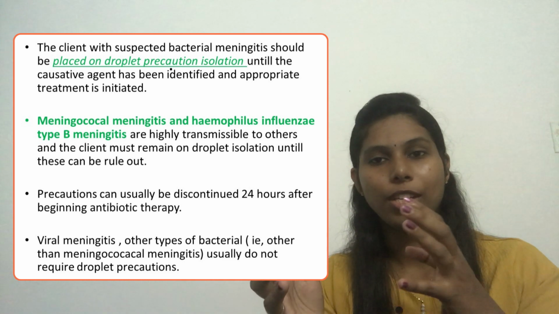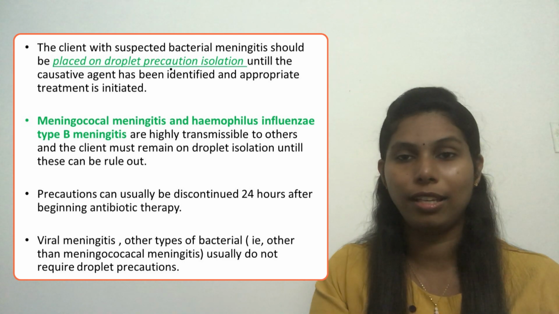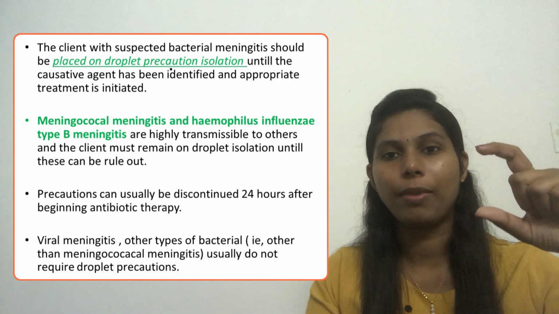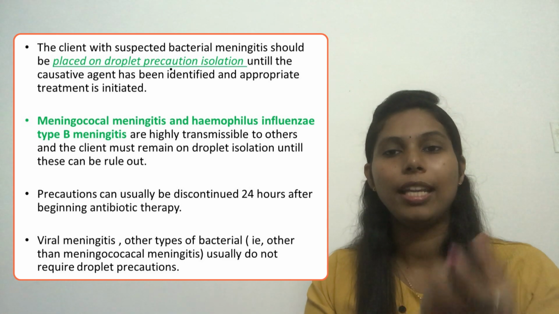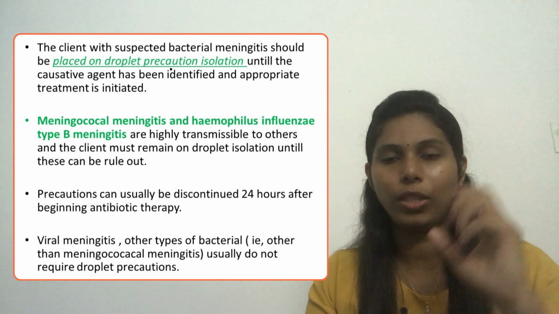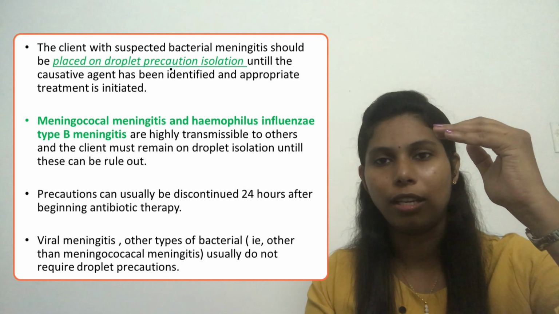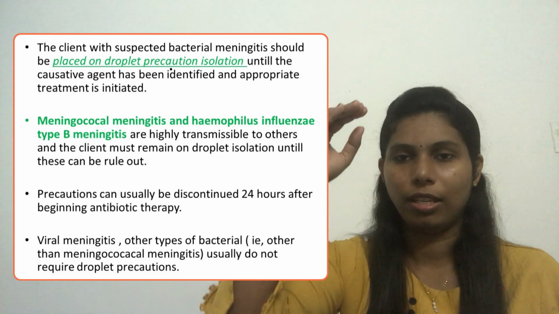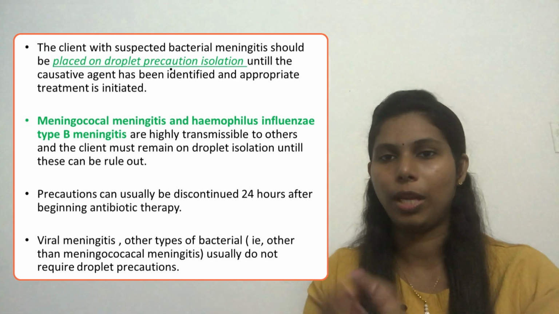What is the difference in the CSF if it is viral or bacterial meningitis? If it is bacterial meningitis, while you are doing the CSF examination, the CSF is cloudy. But if it's viral, the CSF is clear. So that is a difference. And usually in a normal client, the glucose in the CSF is higher compared to WBC and protein.